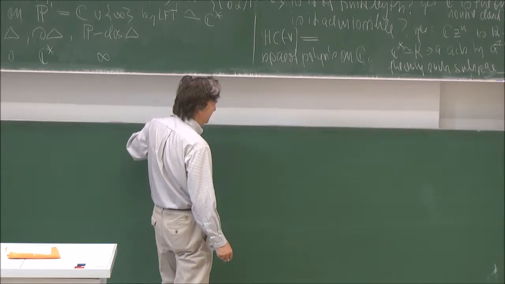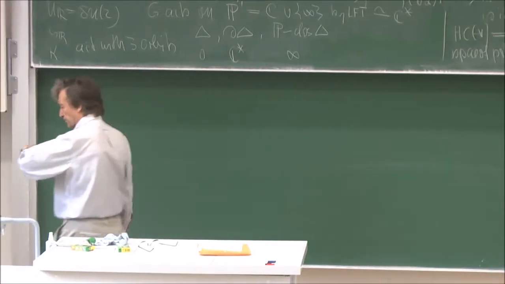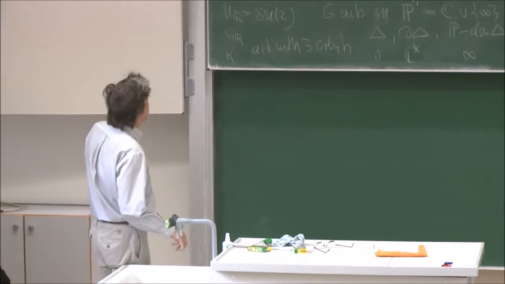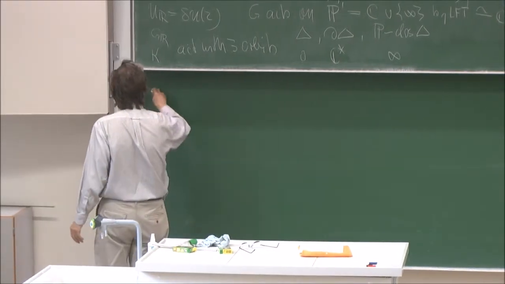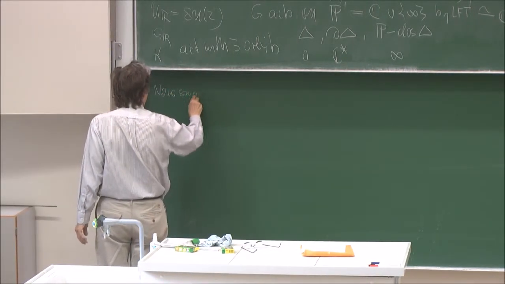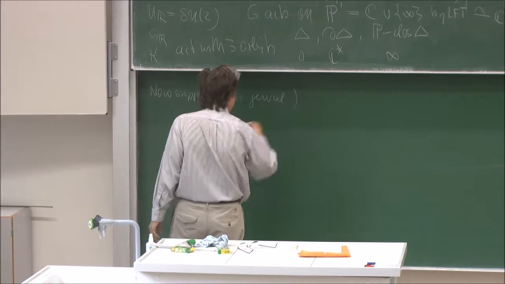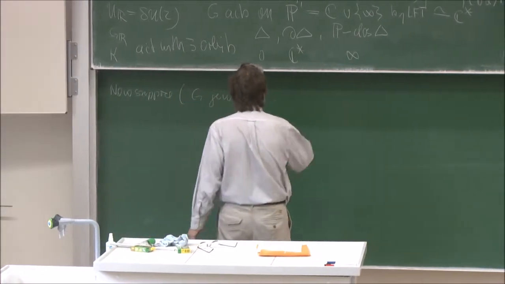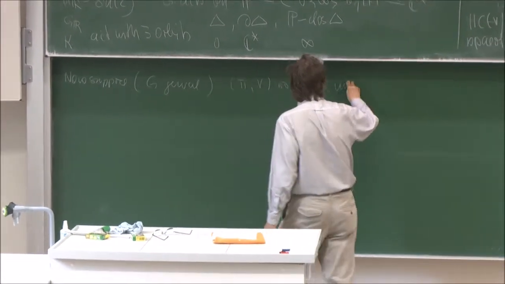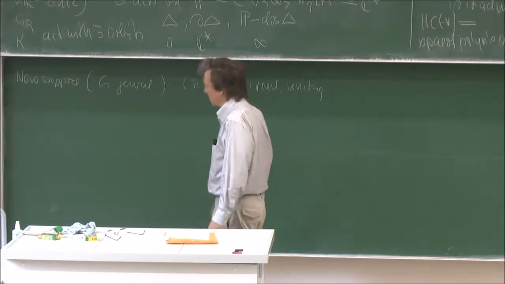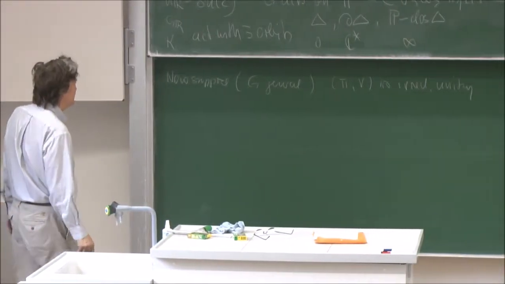Well, maybe I should have done this in the opposite order. So, yes, now suppose, for general G, that pi is an irreducible unitary representation on a Hilbert space, with unitary transformations.